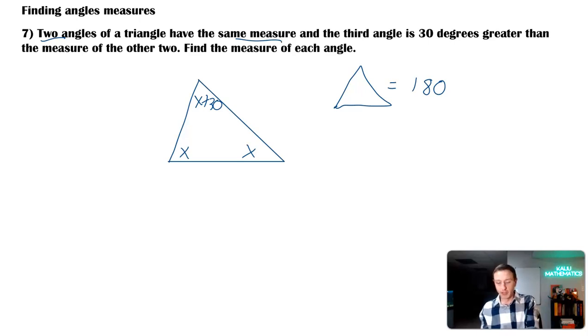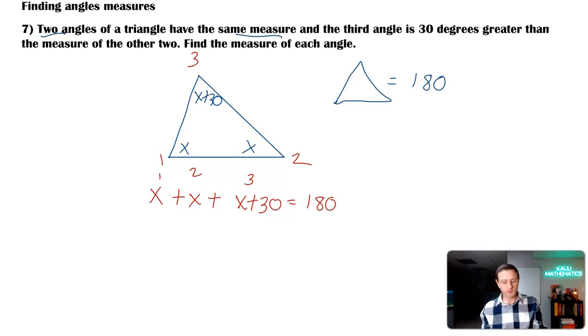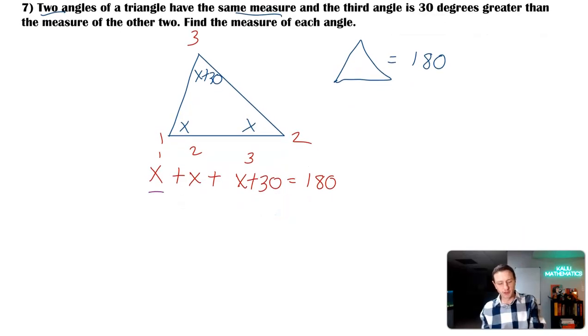So now that we know all angles add up to 180 in a triangle, we just say angle 1 plus angle 2 plus angle 3 is equal to 180 degrees. And then from here, it's an equation to solve. So X plus X plus X is 3X plus 30 equals 180.